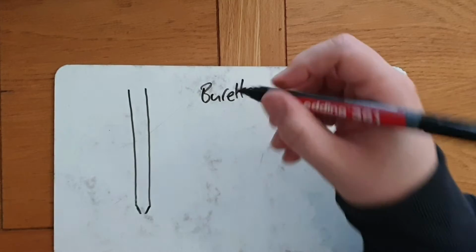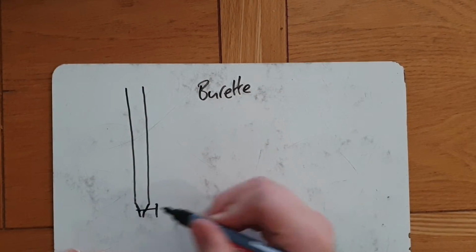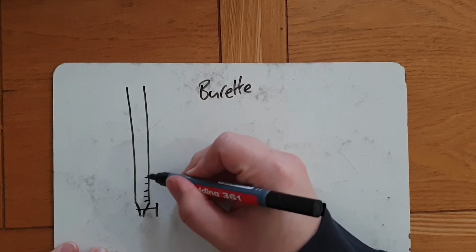You can see the zoomed in portion of the tap where you can twist that handle to open it and let liquid out, or to close it and stop it, and you can see the markings up the side. It can be used to measure any volume incredibly accurately. It's a long, thin cylinder, and at the bottom it's got a tap, and markings all up the side.